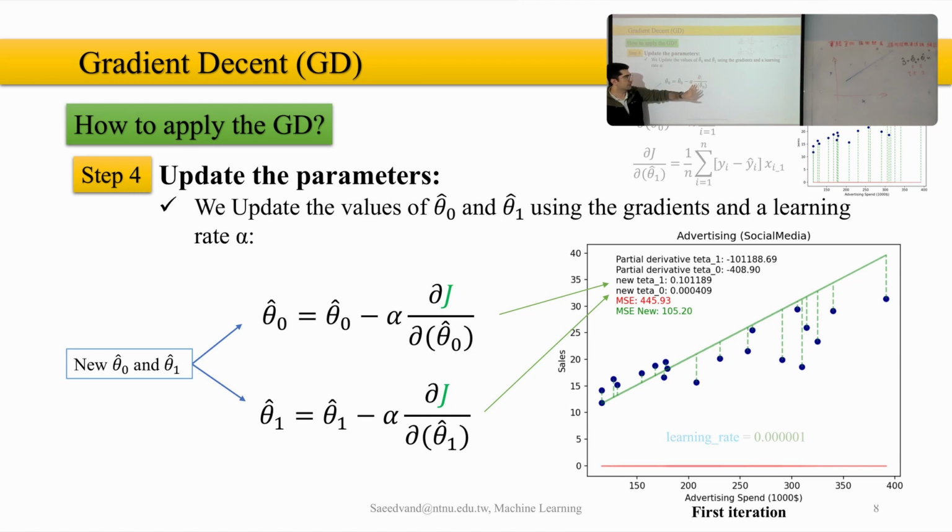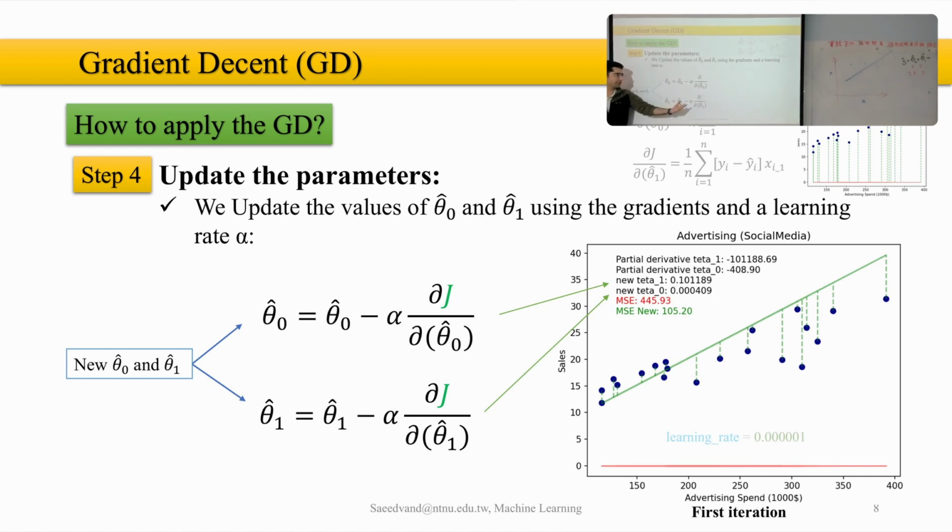So the gradient based on theta hat 0 times the learning rate, how fast I want to update, subtracted from theta hat 0.